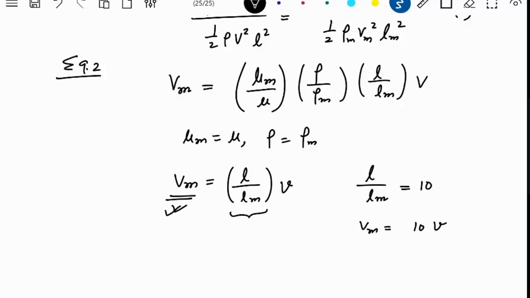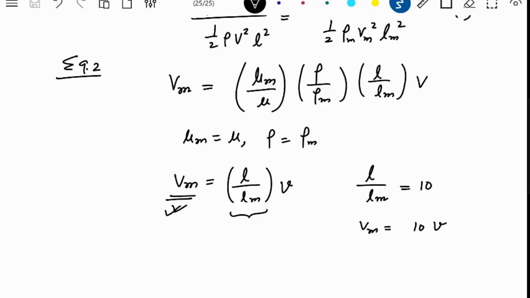So once again you have to see what the reduction in the length scale should be so that I can also achieve the velocity. You cannot reduce the length scale too much. In the previous case that was also length, but in the case of diameter, a similar situation is also here. You cannot reduce the length scale too much.